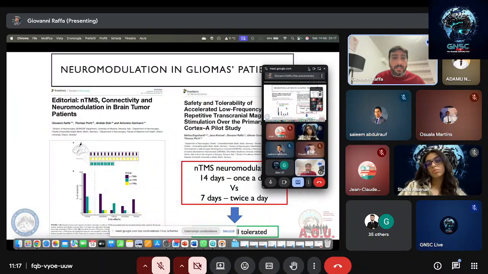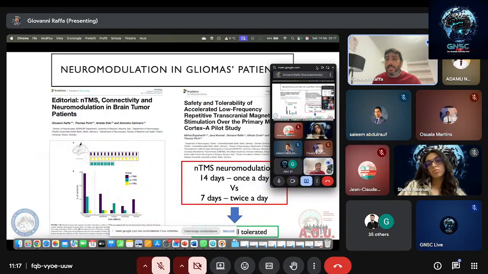Over the years we have been trying to verify if we can induce this kind of connectivity change in our glioma patients, and if this kind of approach is safe.